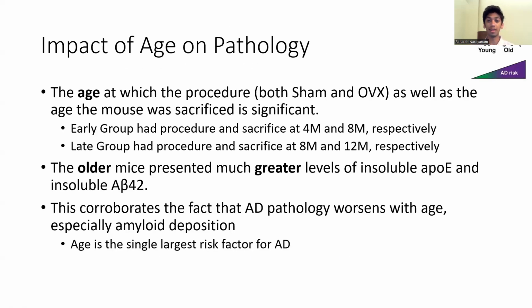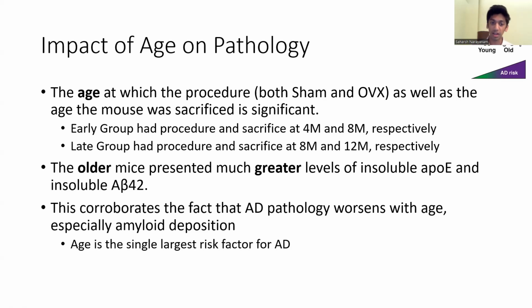And so these three data points indicate three things: the impact of age on pathology, in which the age at which the procedure, both sham and OVX, was conducted, significantly changed the levels of insoluble ApoE and insoluble A beta 42, corroborating the fact that AD pathology worsens with age, especially amyloid deposition.